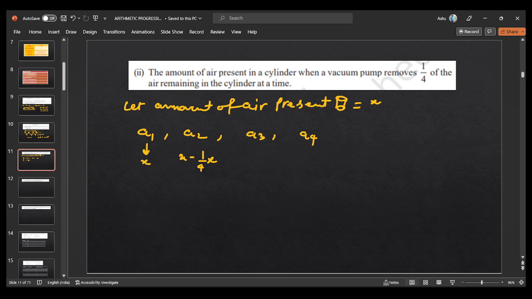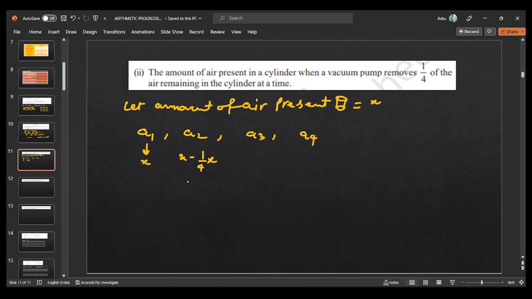Because air is remaining, first x was present, and after 1 by 4th of the air is removed, we get x minus 1 by 4 of x.